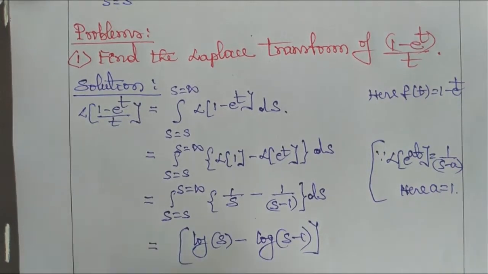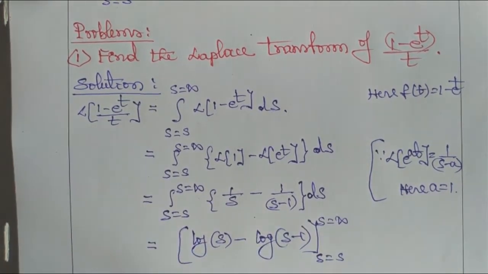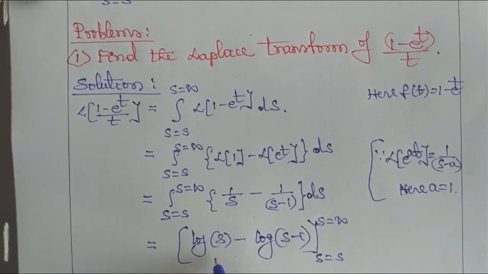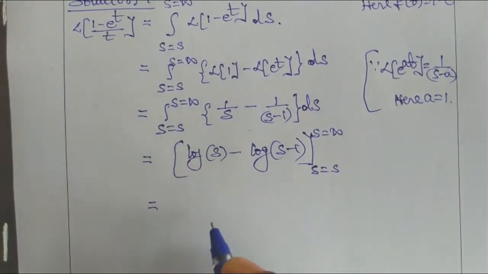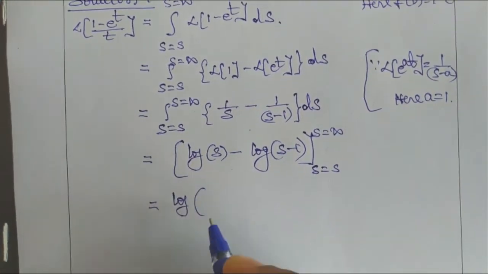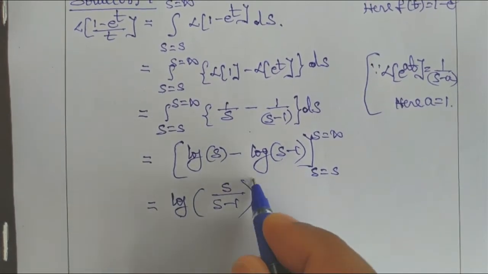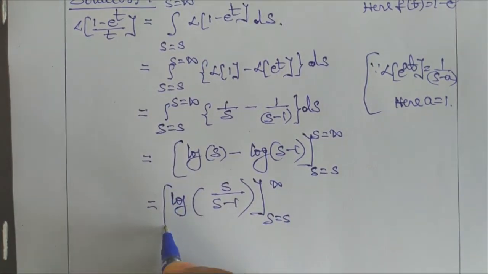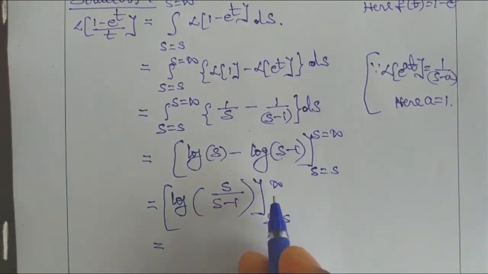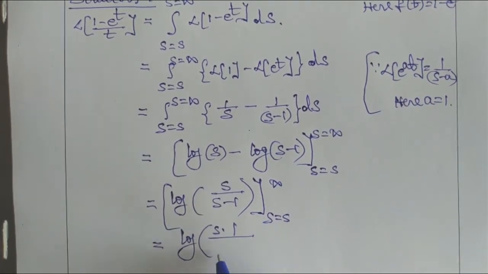Now you people apply the limits, s from s to infinity. You know one of the logarithmic properties is log a minus log b. So log of s divided by s minus 1, from s to infinity. Now what happens? Take out that common factor s from the numerator as well as from the denominator.